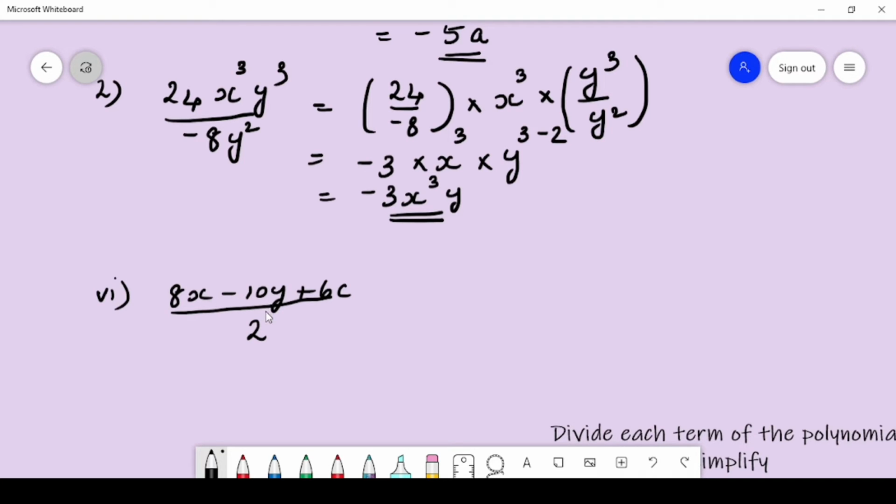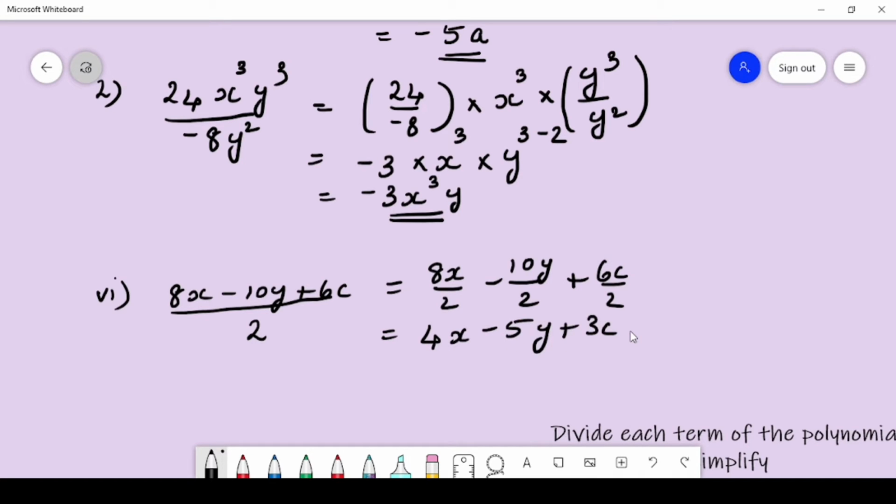So how can we divide that by 2? Divide each and every term by 2. So we can write this as 8x by 2 minus 10y by 2 plus 6c by 2. That's equal to 4x minus 5y plus 3c. So that is the answer for that one.